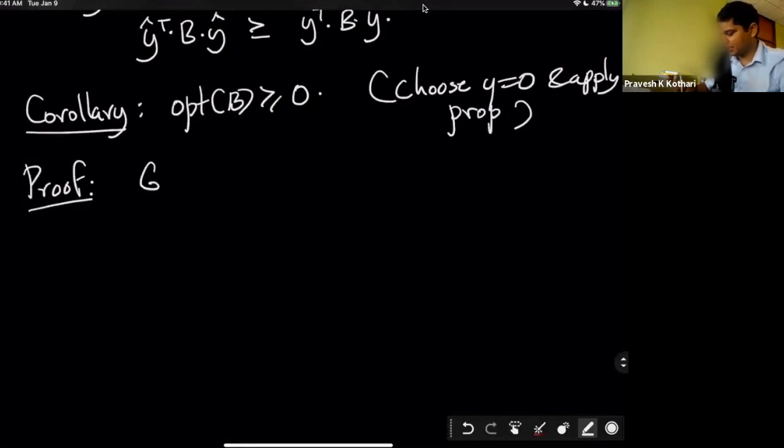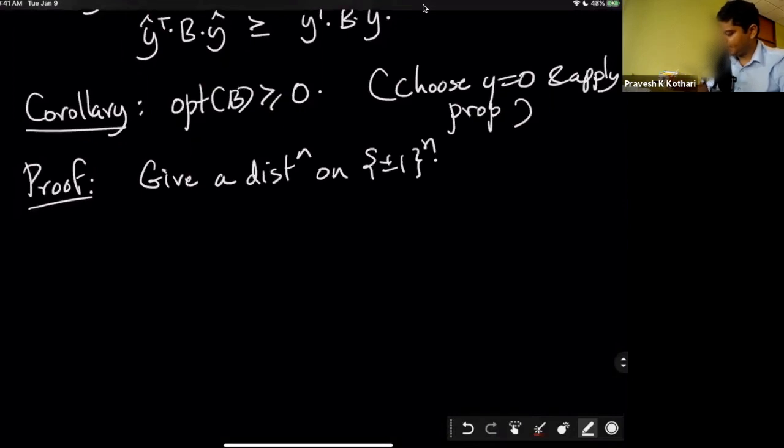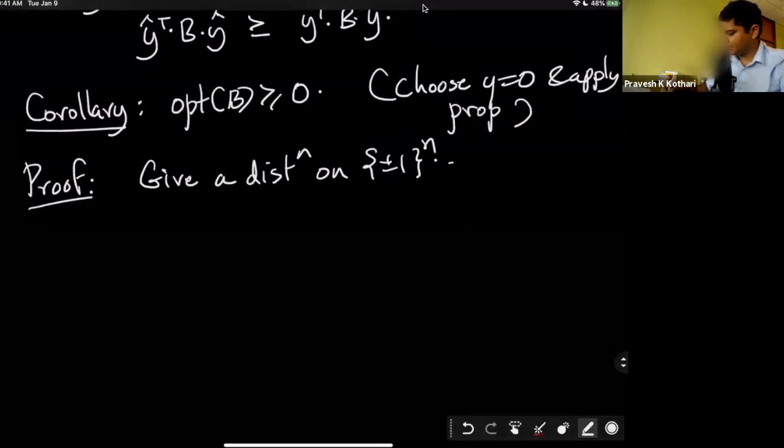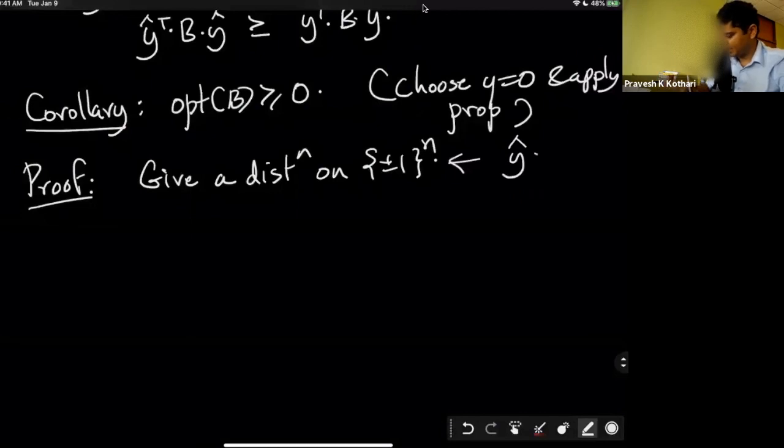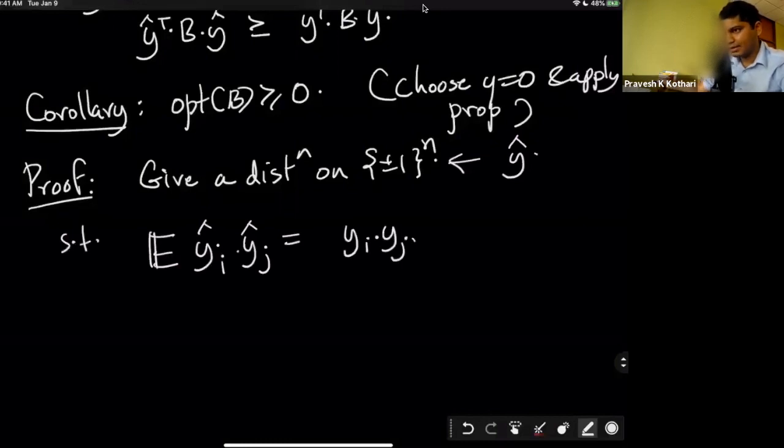I'm just going to give you a distribution on plus minus 1 to the n, such that, let's say this random variable is y hat, such that E[y hat_i y hat_j] equals y_i y_j for all i not equal to j.